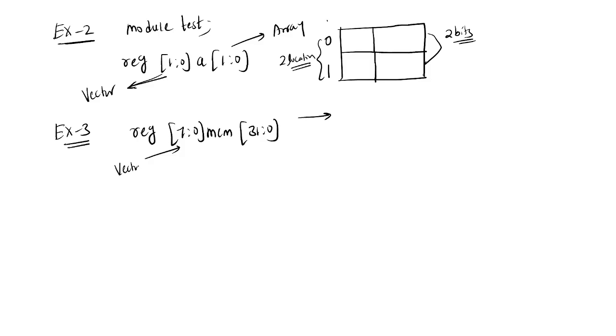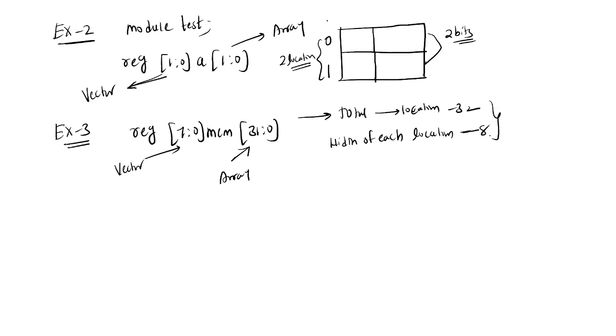The total is 32 locations. This is an array with 32 locations, and the width of each location is 8 bits. Like this, you can make the memory.